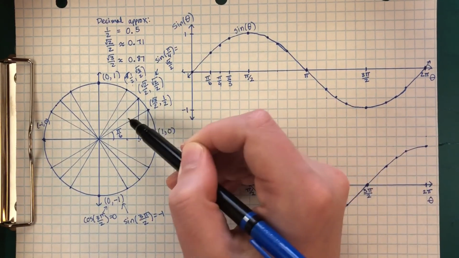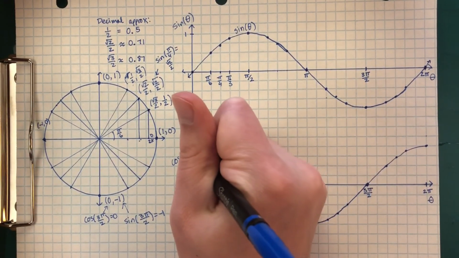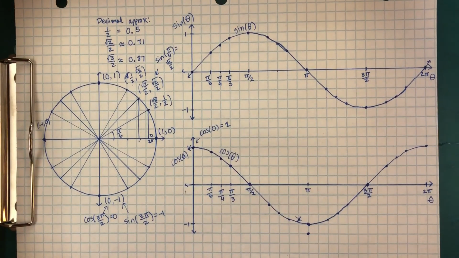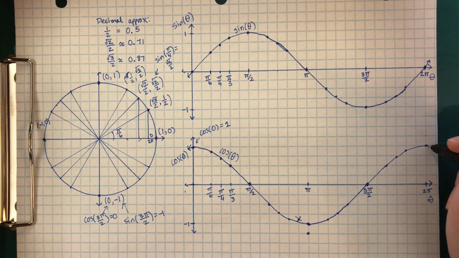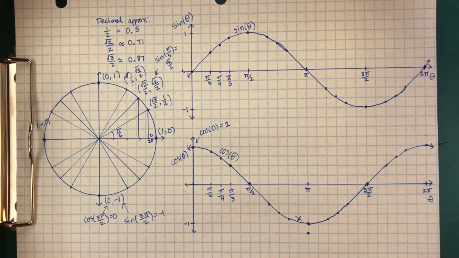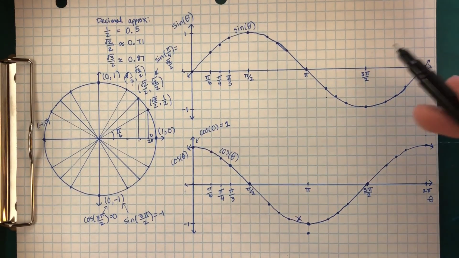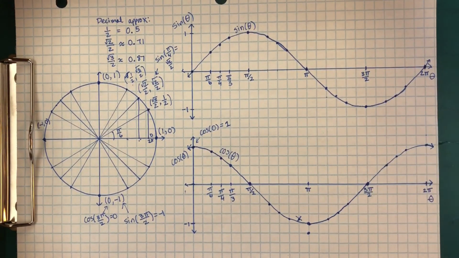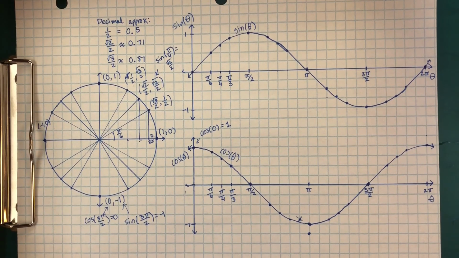That would represent going to the left. And in either case, you could continue the graphs along either direction. And they actually would just keep going up and down as you go along the circle. The x-coordinate goes between 1 and -1, and the y-coordinate goes between 1 and -1 as well.